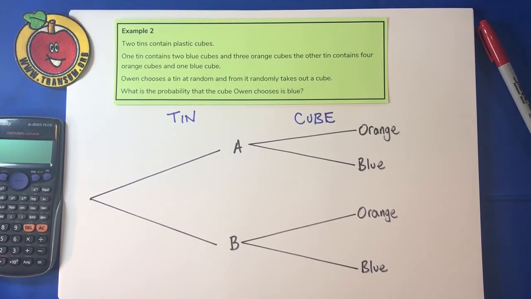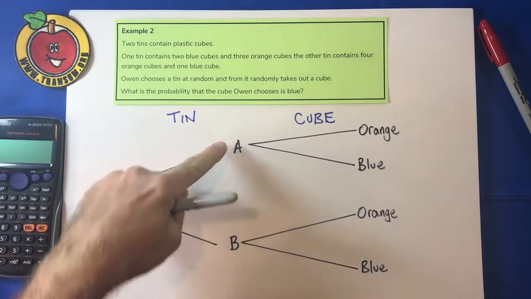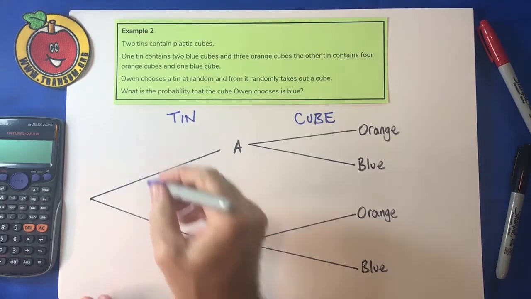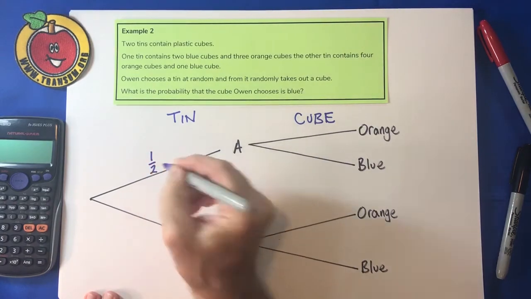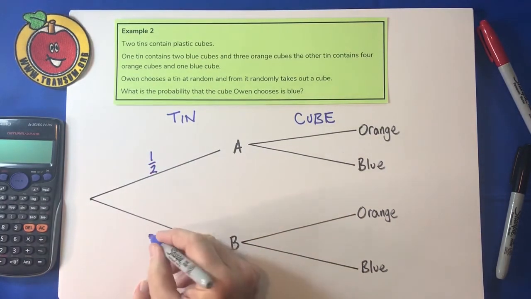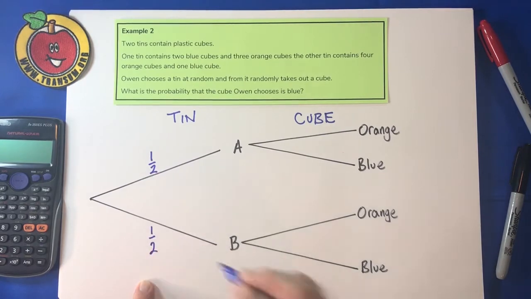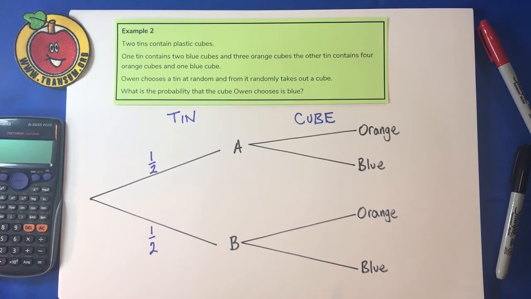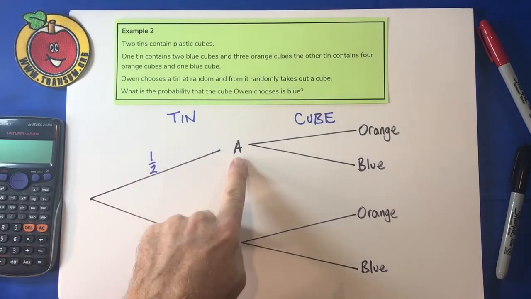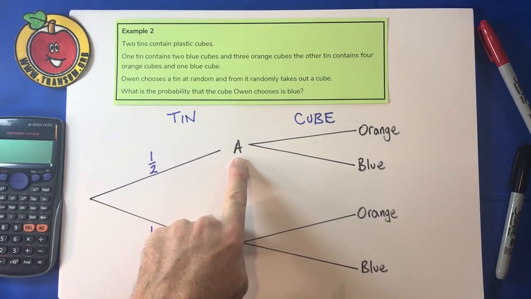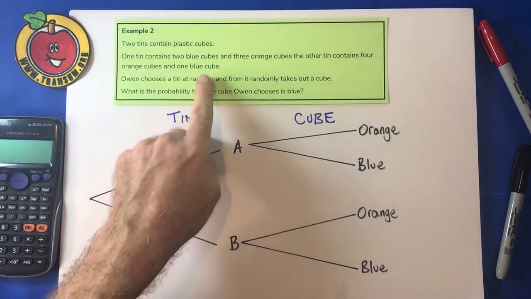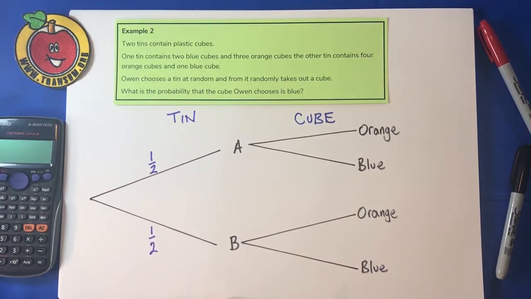Now, what's the probability that he will choose tin A? Well, there's an equally likely possibility of him choosing either tin, so it's going to be a half. And if the probability of choosing A is a half, well then the probability of choosing B will be a half also. Those two will add up to 1. Now, if he chooses tin A, it contains 2 blue cubes and 3 orange cubes.